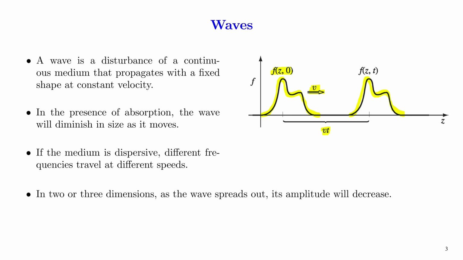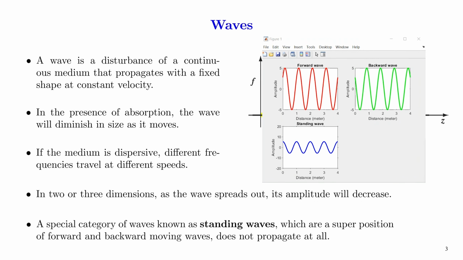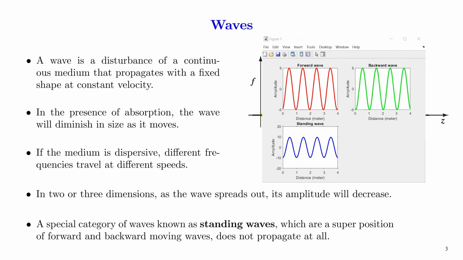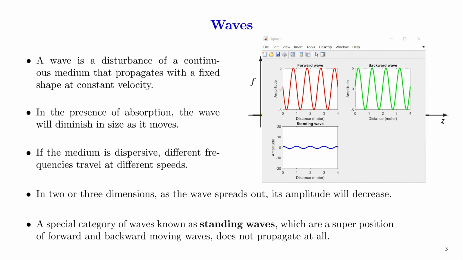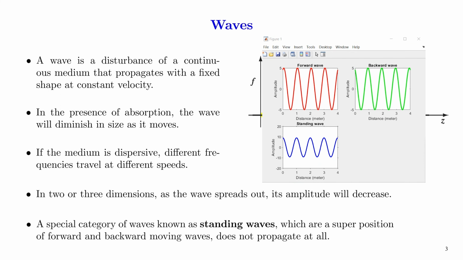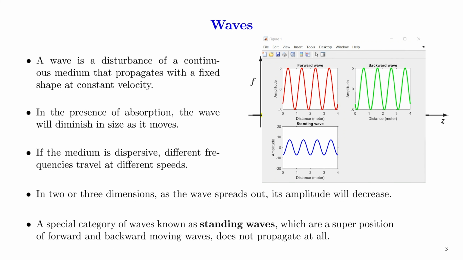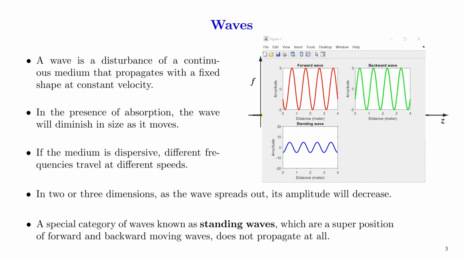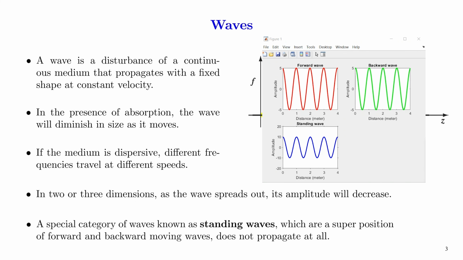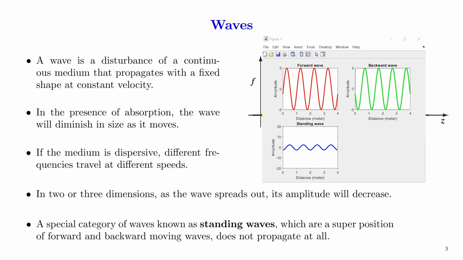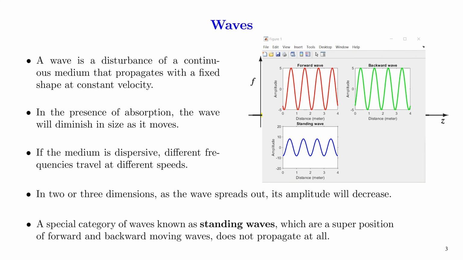In 2 or 3 dimensions, as a wave spreads out, its amplitude will eventually decrease. A special kind of wave is a standing wave, which is actually a superposition of a forward and backward moving waves. A standing wave does not propagate at all. So these points give us an idea on the fundamentals of wave motion.